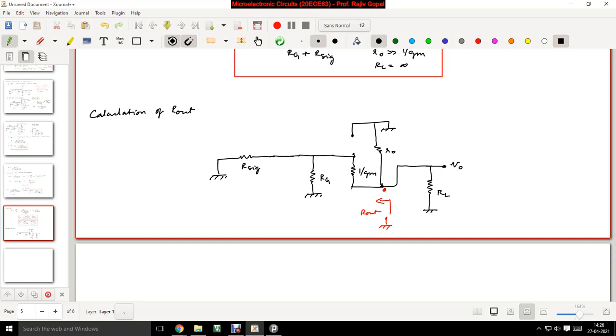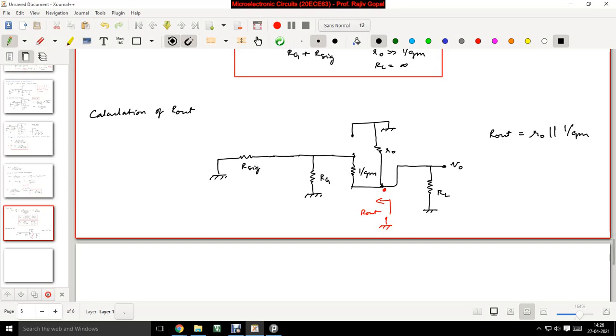So this entire thing becomes open circuit. In that case, R out is a parallel combination of r0 and 1 by gm.